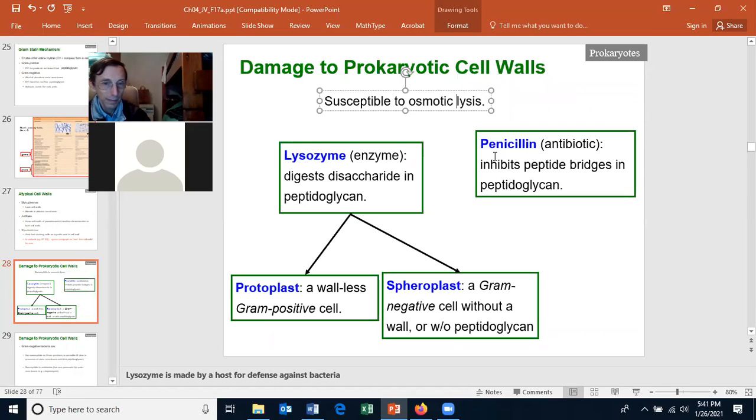Because when lysozyme gets on the cell wall of a cell, it can digest the peptidoglycan, making the cell then susceptible to osmotic lysis. All right, any question about any of that? I'm surprised because that was a pretty complicated slide.